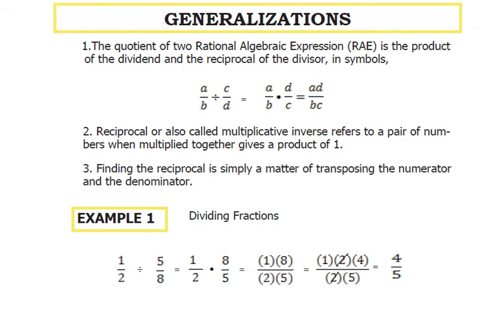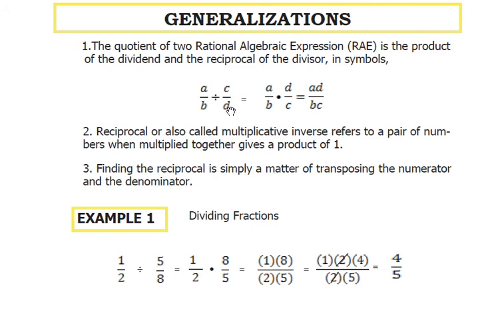The quotient of two rational algebraic expressions is the product of the dividend and the reciprocal of the divisor. So denoted as A over B divided by C over D, and that is equal to A over B times the reciprocal of the divisor.